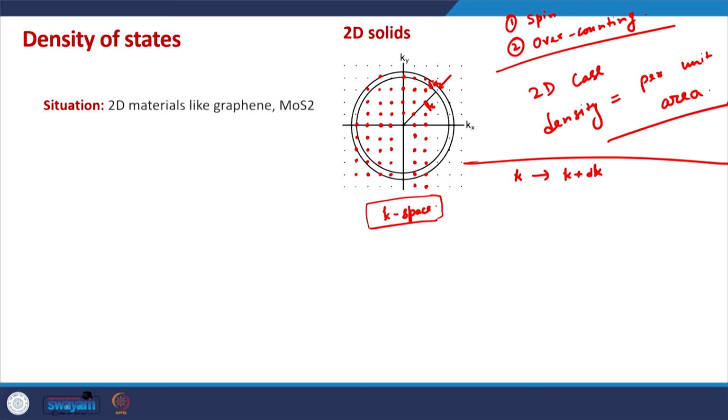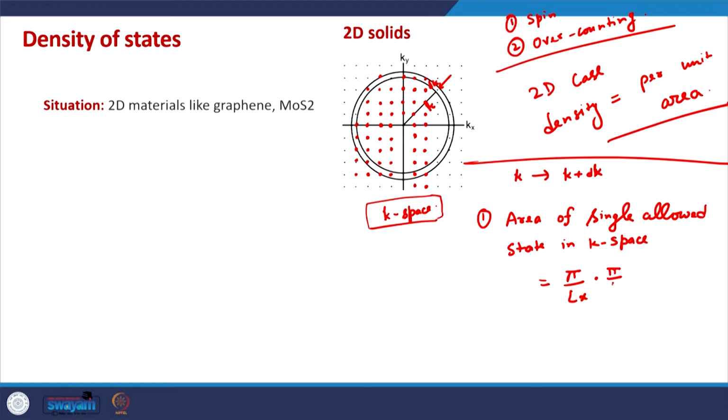So, the width of the ring is dk, and the area of a single allowed state in k space is pi by Lx times pi by Ly.